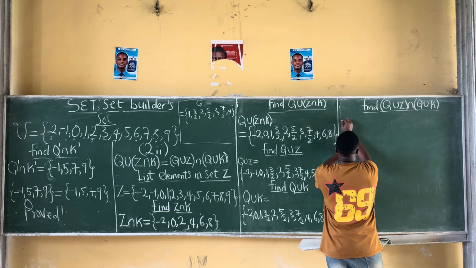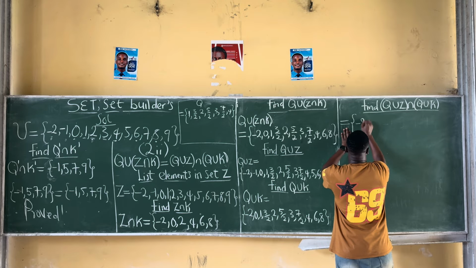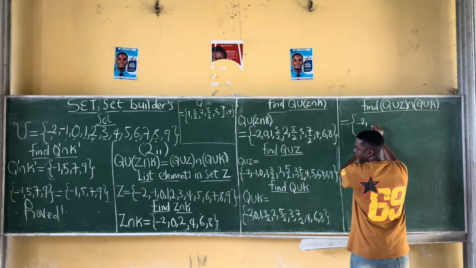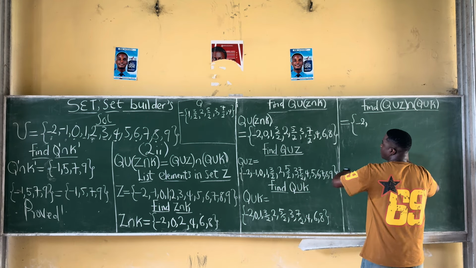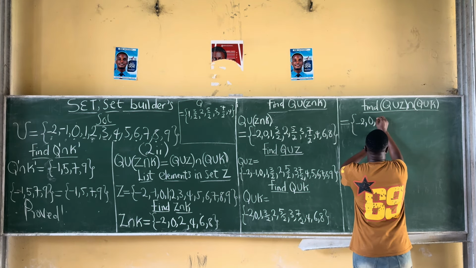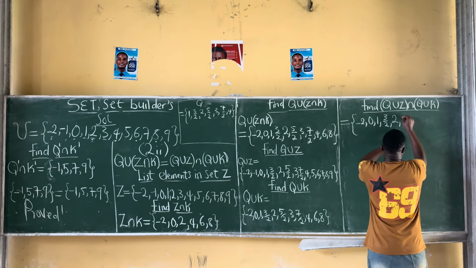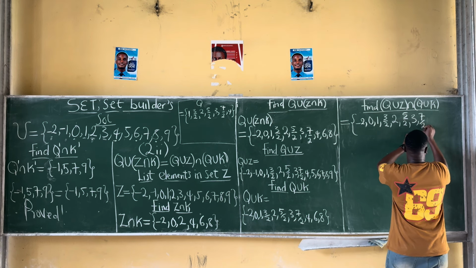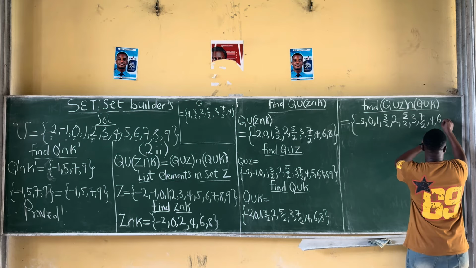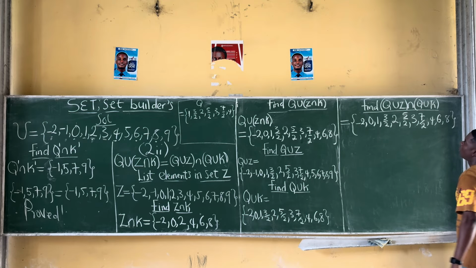So it is equal to minus 2, 0, and so on, up to 4, 6, and 8. They say intersection. So this is Q union Z intersection Q union K.